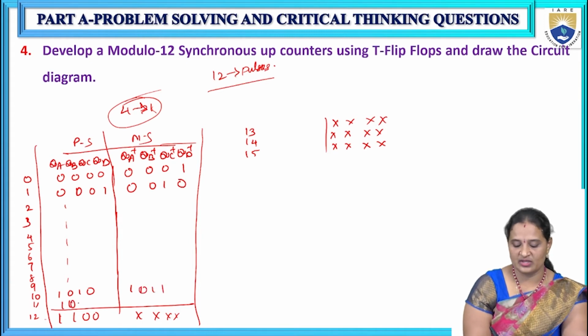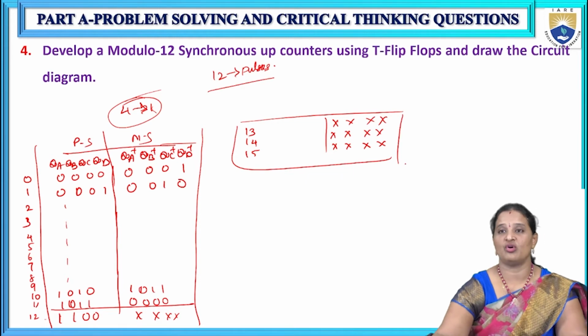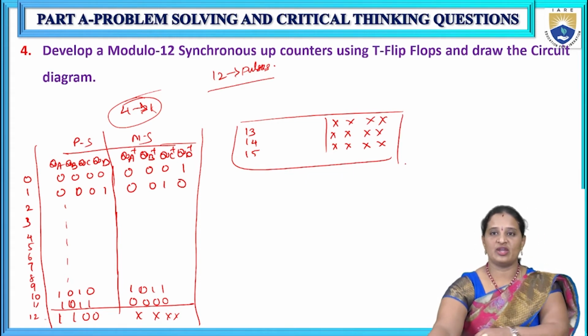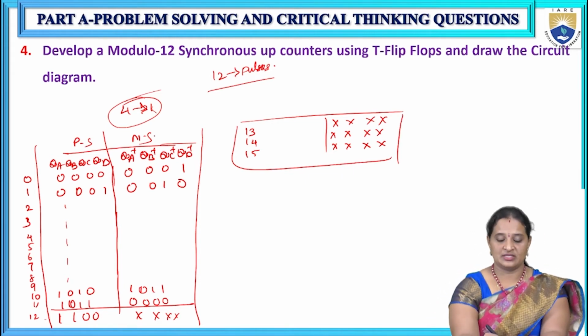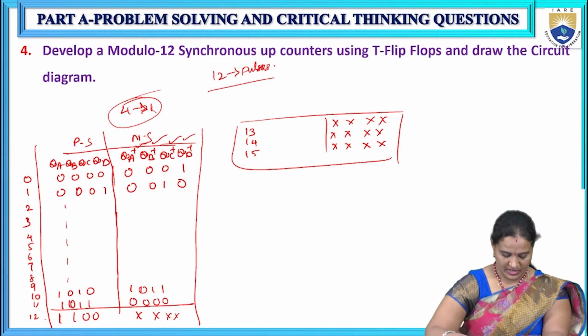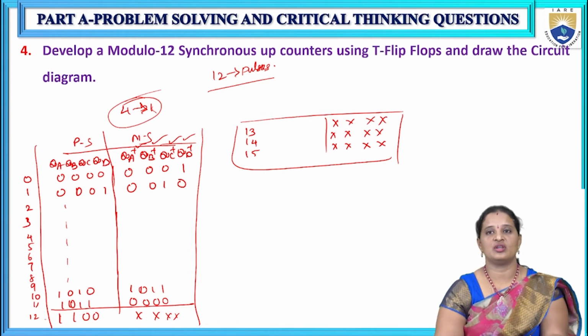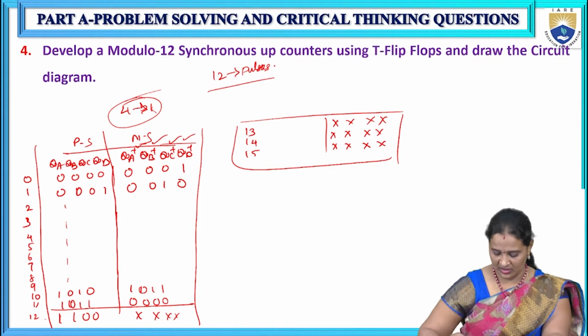If my state is 1011, the next state has to go back to 0 again. By considering the don't cares, we need to draw the K-map and get the expressions for QA+, QB+, QC+, QD+, and by using the simplified Boolean expressions, you can implement the modulo 12 synchronous up counter using T flip-flops.